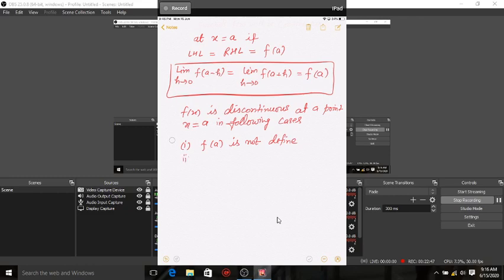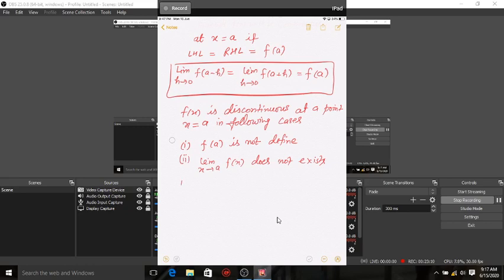Second one is limit x tends to a f(x) does not exist. If at that point limit of the function does not exist, then we can say the function is discontinuous.